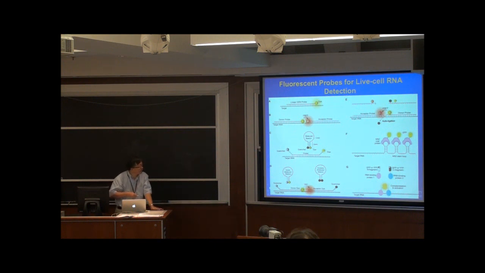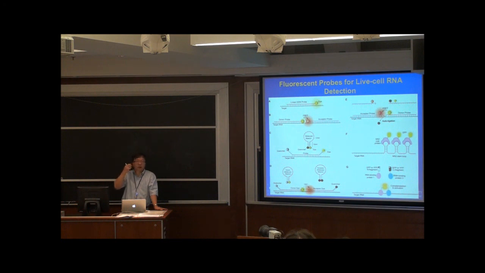Once it opens, the quencher is separated from the dye. Now you have fluorescence. So this is the kind of probe we want: before it binds to your target, no fluorescence, and only when it binds to your target does it show fluorescence. For intracellular imaging of biomolecules, either an RNA molecule or a protein, this is exactly what we want.